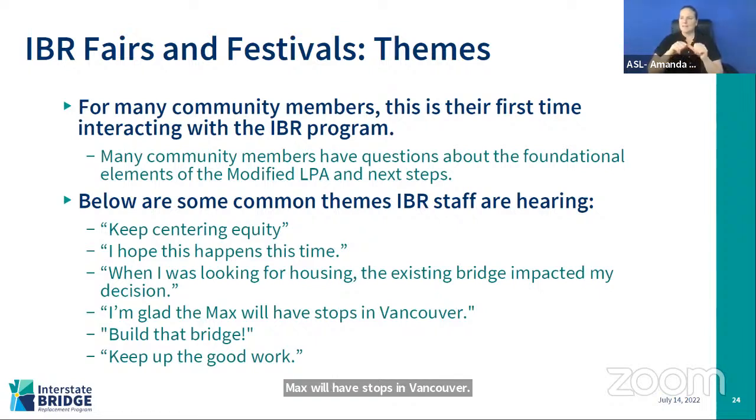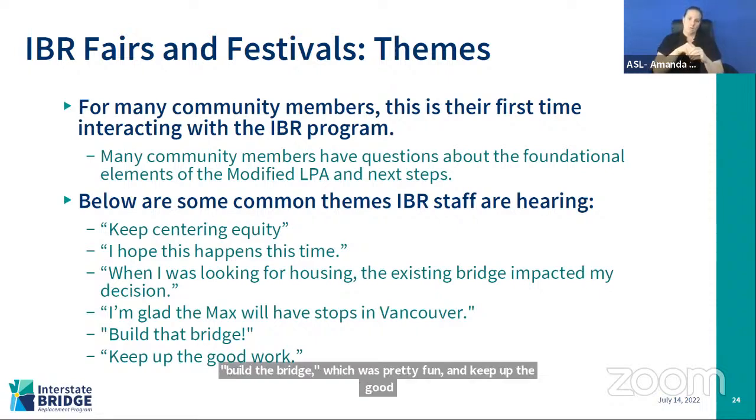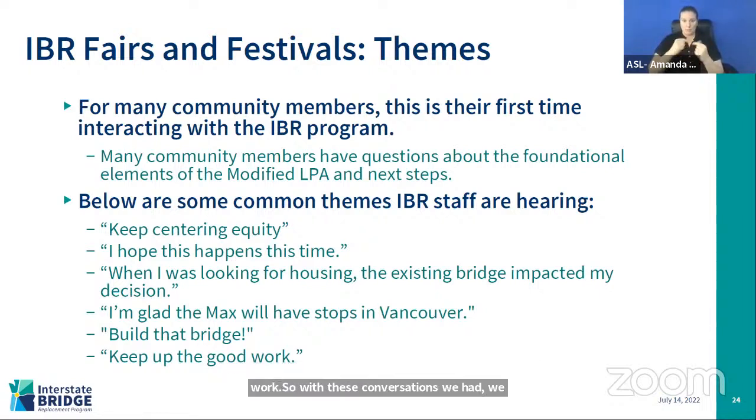With these conversations that we had, we plan to fold them into the feedback that we present to you all and the other advisory groups, as well as collect stories of folks who use the commute on a daily basis or used to commute on a daily basis, to really help us get a broader picture of how people use and interact with the bridge.